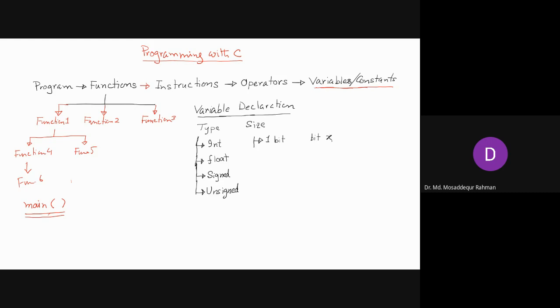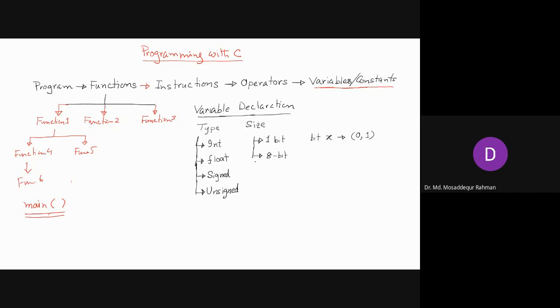So x is a variable, and by saying bit before that, it means x is a variable of size 1 bit, so it can have only two values, either 0 or 1.